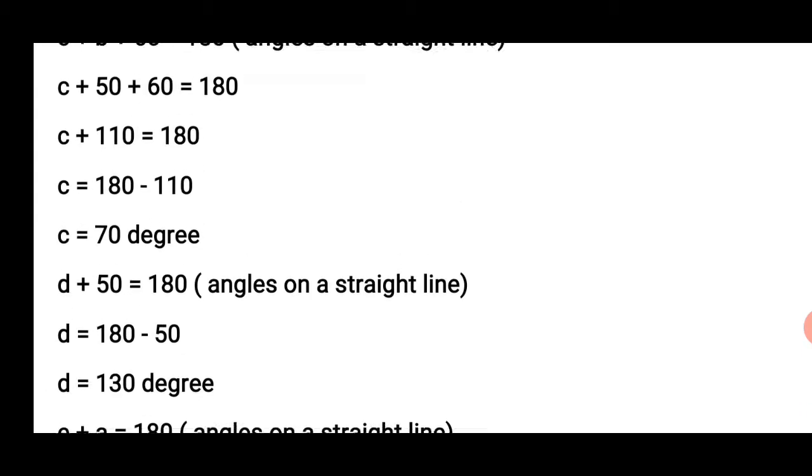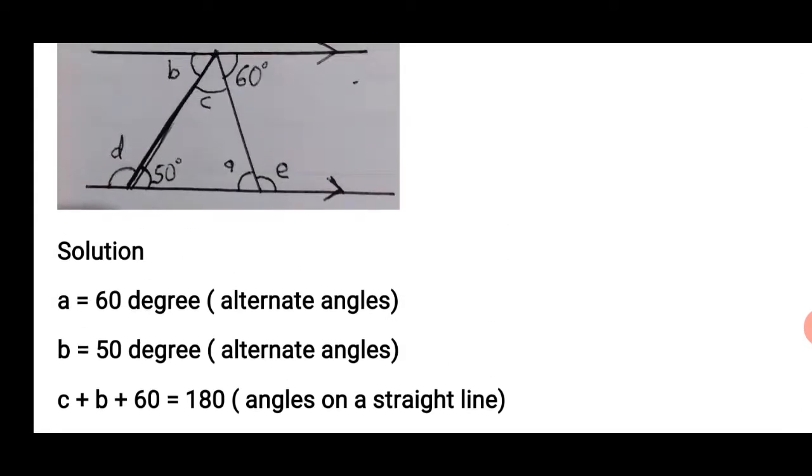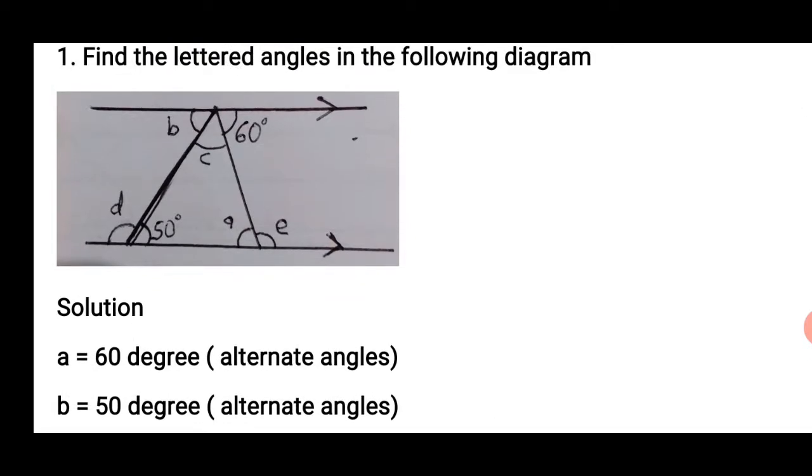you go back to the diagram where angle D is located. You see that angle D is on a straight line together with angle 50 degrees. So the sum of angles on a straight line is 180 degrees.